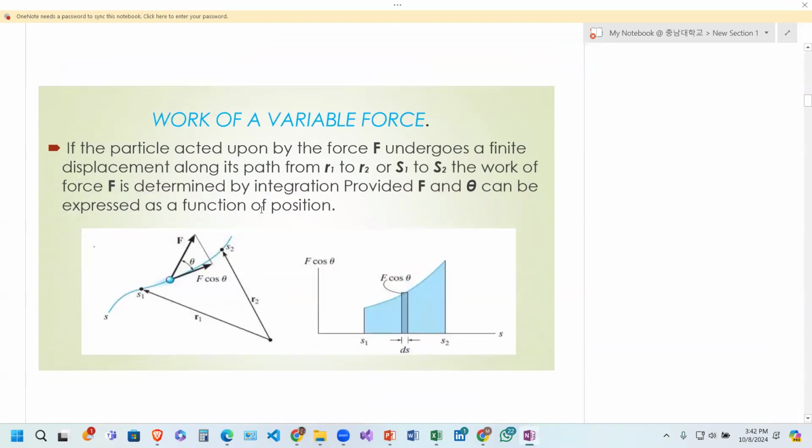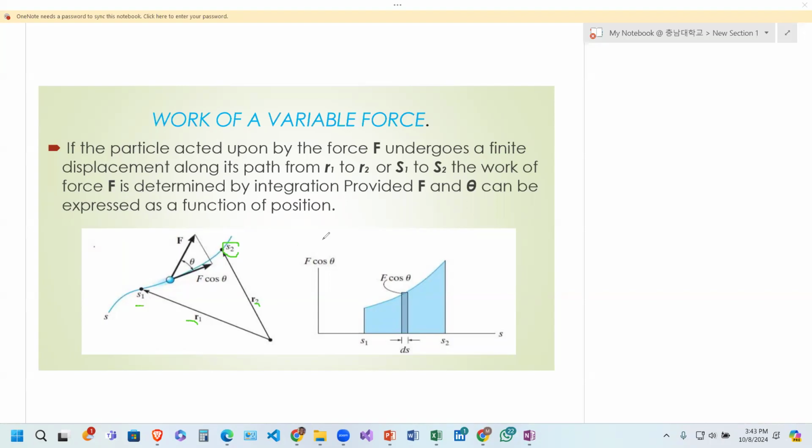So now let's look at work of a variable force. If the particle acted on by the force F now undergoes a finite displacement along its path, let's say from r1 to r2, which represents the position moved along that path S, from S1 to S2, then the work of the force is determined by integration, because it's a finite element, it's a variable.